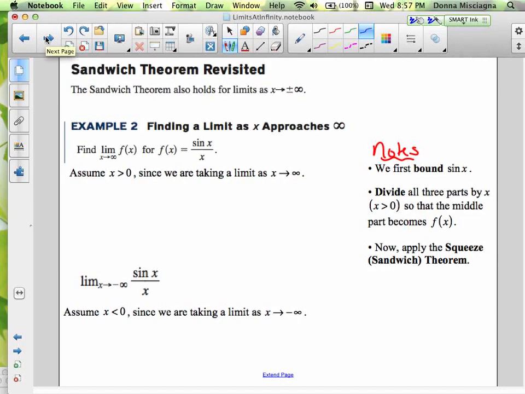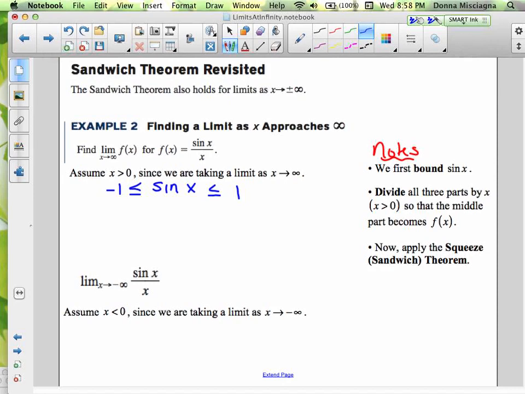All right, so our first step is we're going to bound sine x. We know that sine x is always going to be greater than or equal to -1, and it's always going to be less than or equal to 1. So now we're going to divide all 3 parts by x, and here our x is greater than 0.